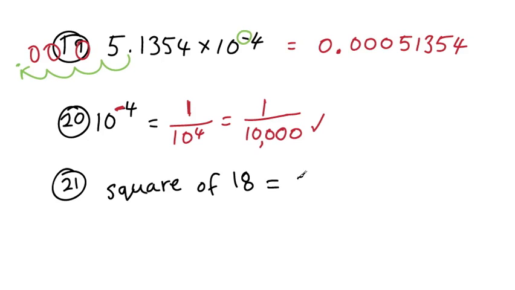The square of 18 is the same as 18 to the 2nd power. So that's 18 times 18. And if we multiplied this whole thing out, we would end up with 324. And this is one of your options that's there. So that was number 21.